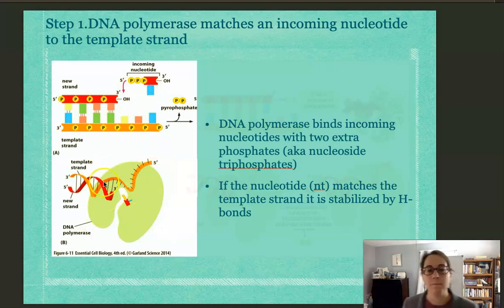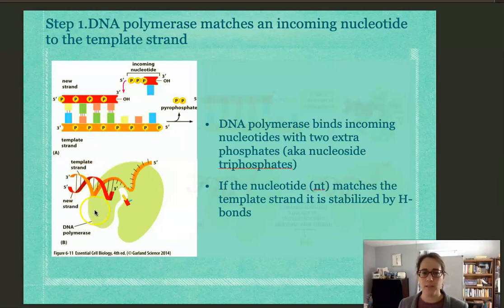Not any nucleotide is going to correctly hydrogen bond to whatever nucleotide is on the template strand. It's only the nucleotide that follows the base pairing rules, right? So if this is a T here, only an A is going to appropriately hydrogen bond with it. A G or a C or even another T will not form the correct hydrogen bonds.